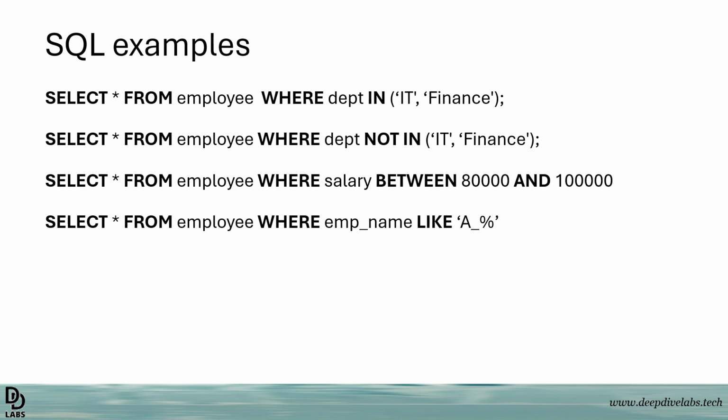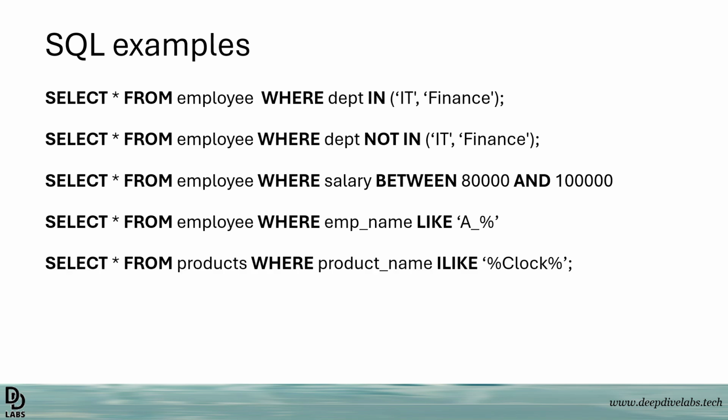So select star from employee where employee name is like. We want to extract all employees starting with A, and the underscore stands for a single character, whereas the percentage stands for a set of all characters, right? So here we are essentially looking for any employee whose name starts with a capital A, because here we are using like.